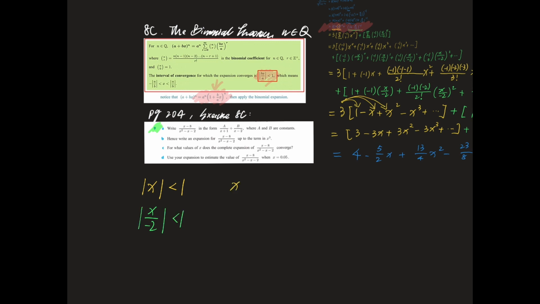If we simplify, the yellow one is just x larger than negative 1, smaller than 1, and the green one is x larger than negative 2, smaller than 2. So if we need to meet both conditions, then overall, we need x larger than negative 1 and smaller than 1 as our answer for question 9c to make it converge, right?